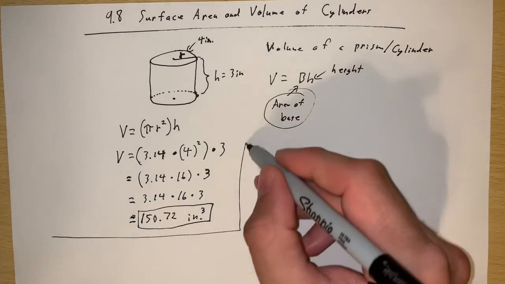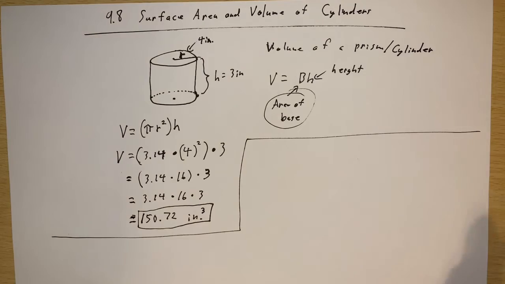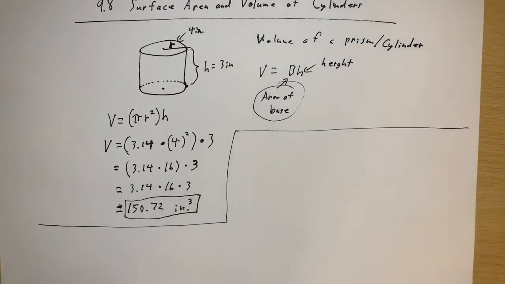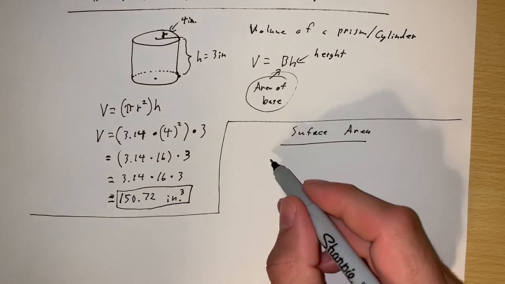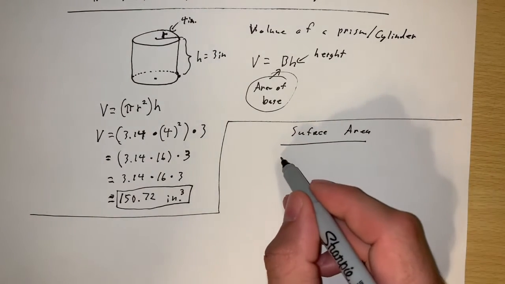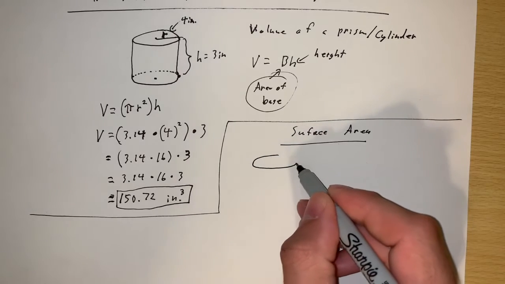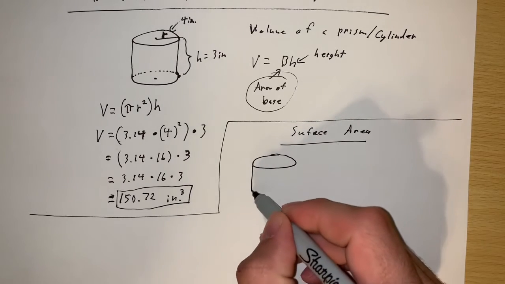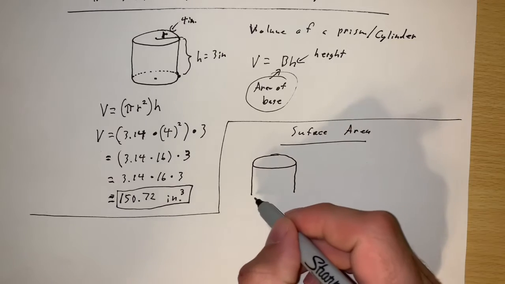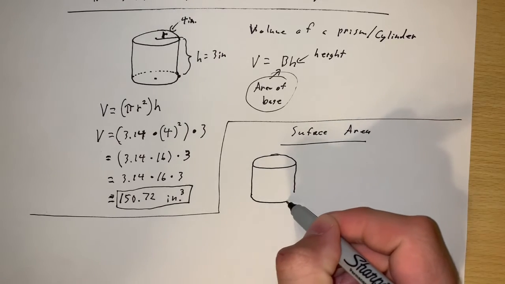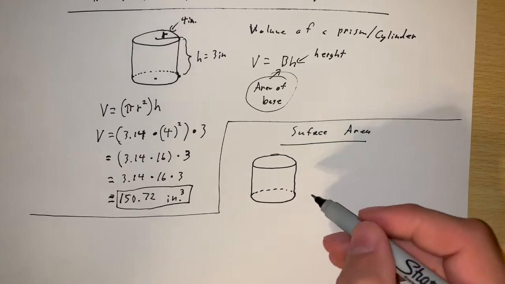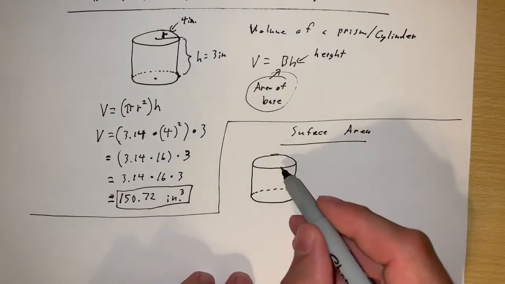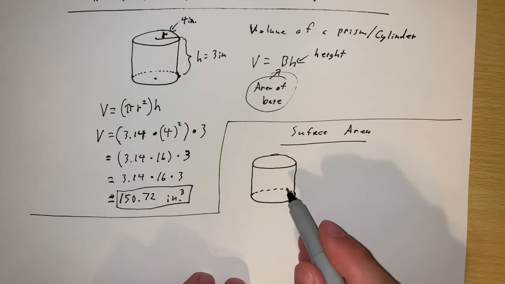All right, so that is the volume of a cylinder. Now let's calculate the surface area. We have to imagine the surface of a cylinder. Think about all the surfaces.